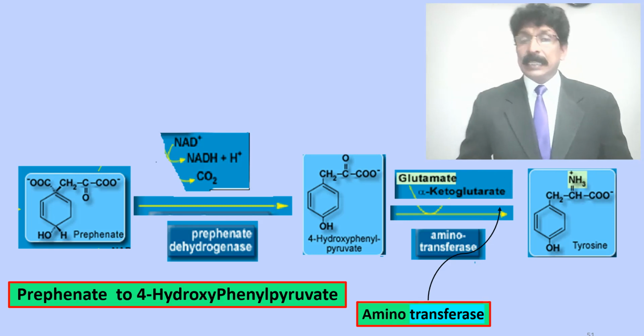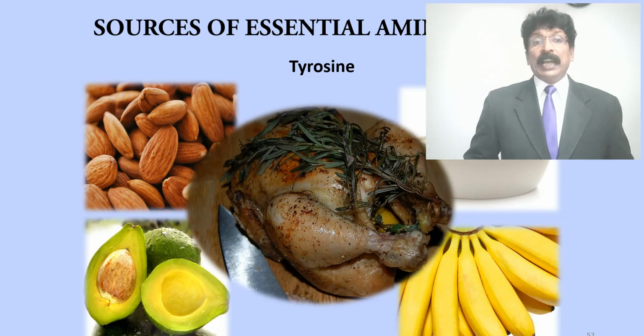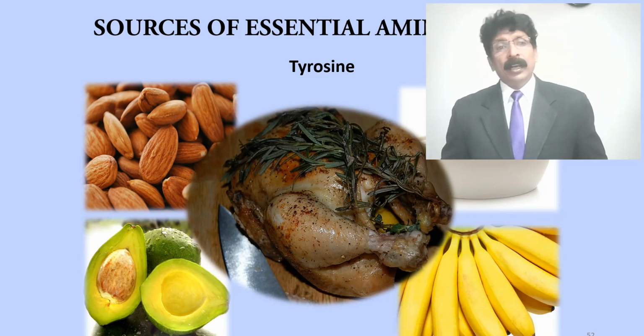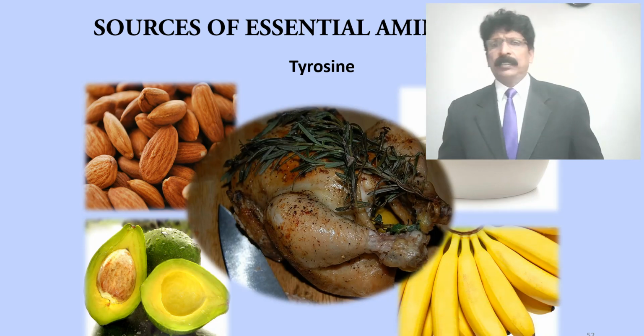the structure of tyrosine. So tyrosine is usually present in almond, chicken, avocado, bananas, most of the foods.